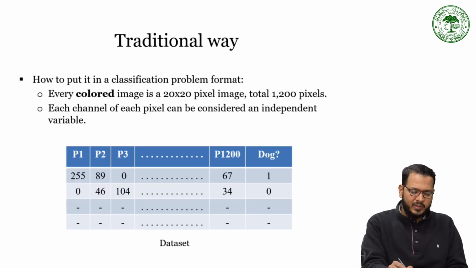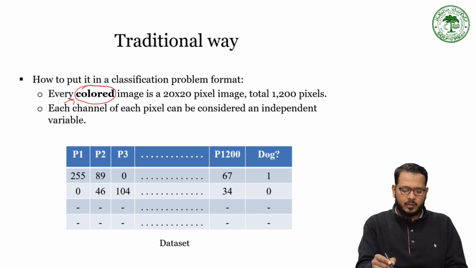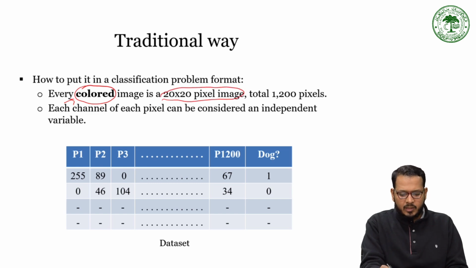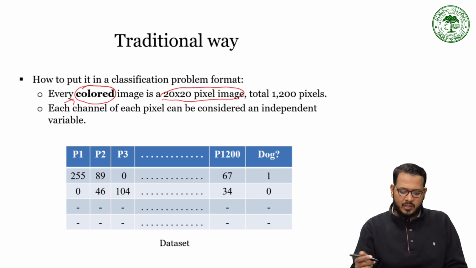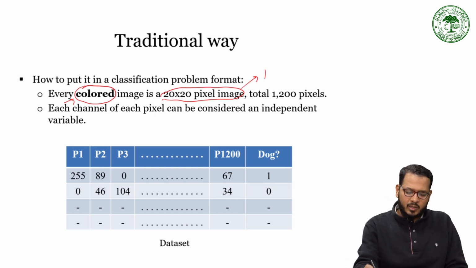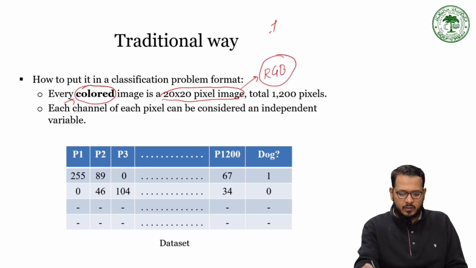Moreover, if the given image is a colored image, then even if it is a 20 by 20 pixel image, in a colored image, each pixel is described by 3 values further. That is, what are the RGB values for each pixel? It means that one pixel in a color image contains 3 different values.